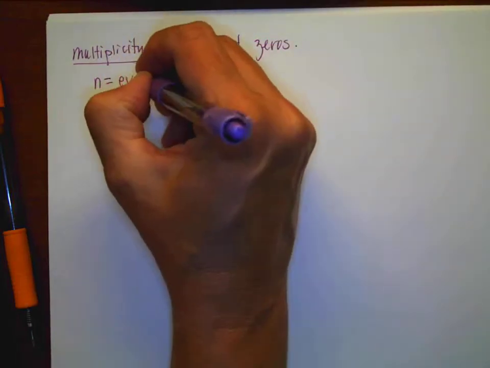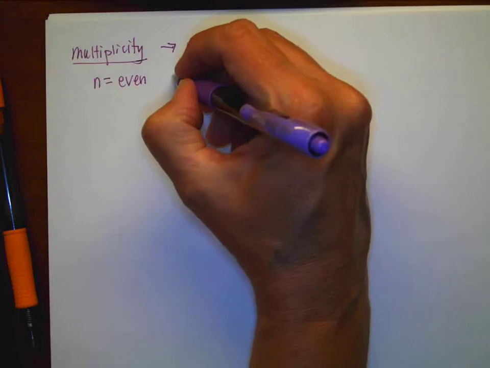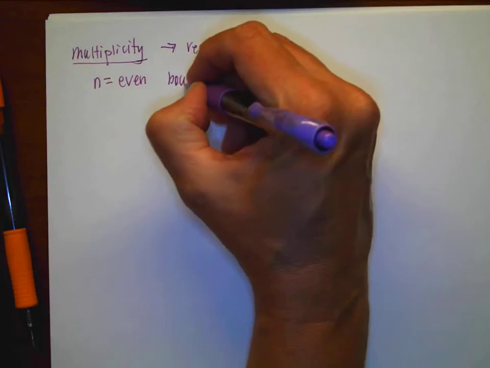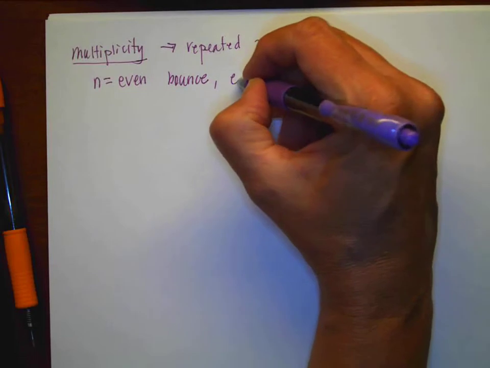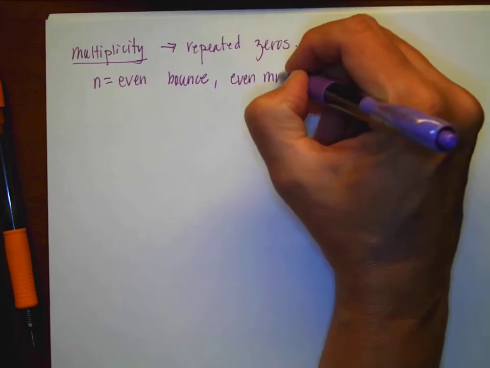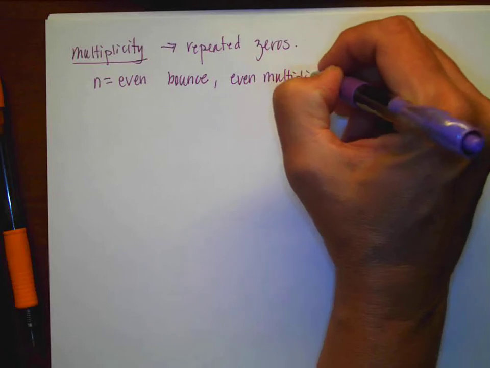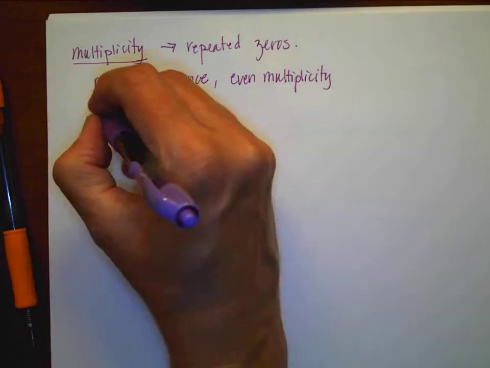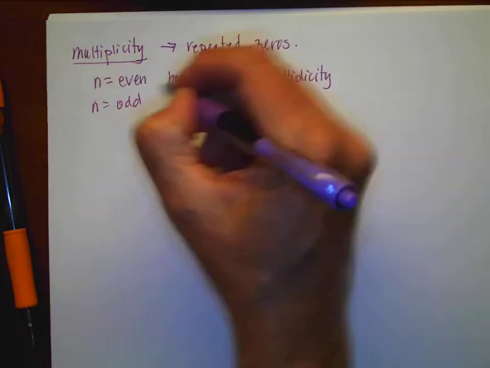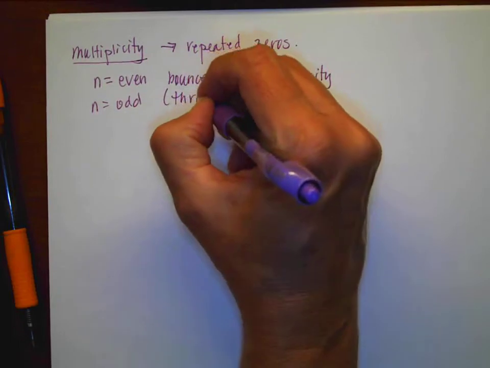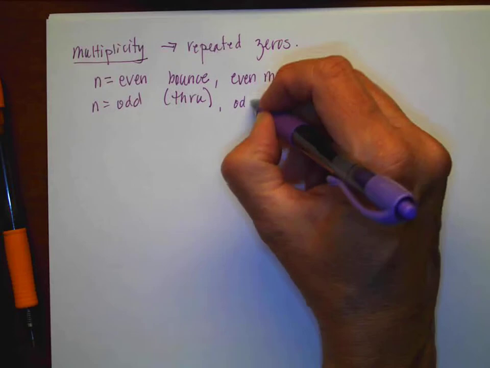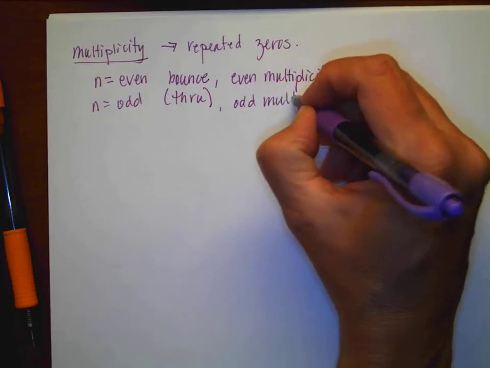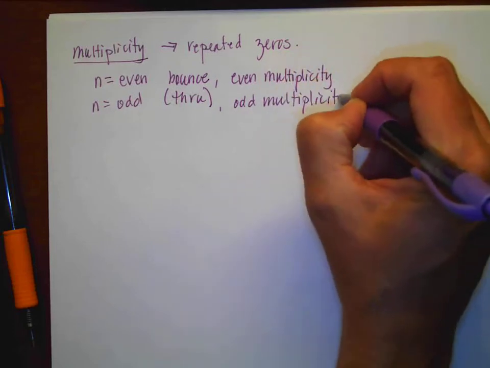So if n is even, that means that I would have a bounce, and then it also potentially means that I have an even multiplicity. If n is odd, remember that means that the function goes through the x-axis, and there probably is going to be an odd multiplicity.